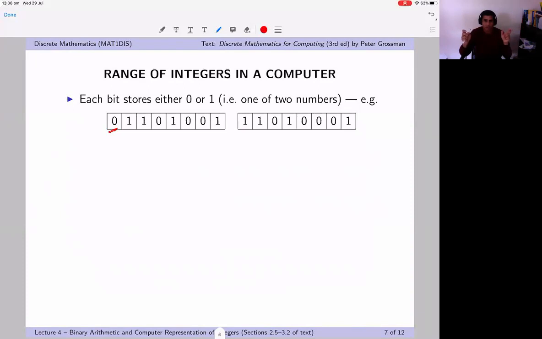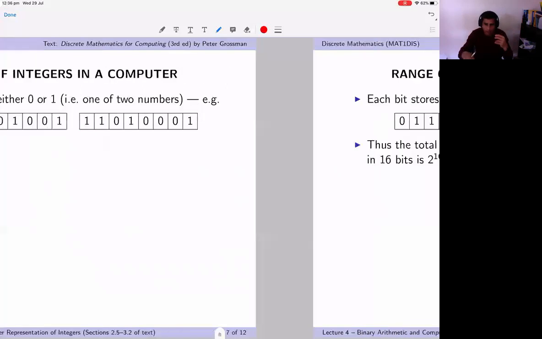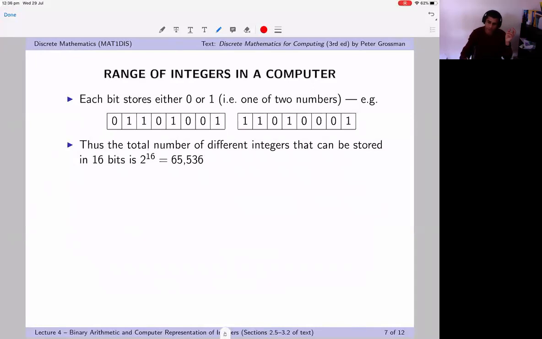So the total number of different integers that can be stored is 2 to the power 16 possibilities, which is 65,536 different integers in 2 bytes.